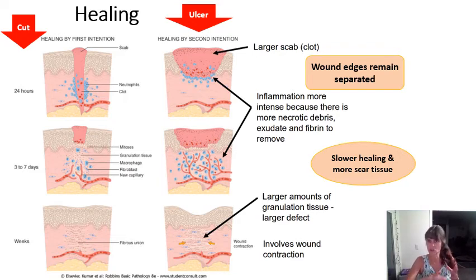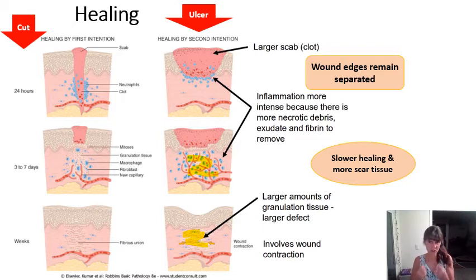So we see swelling and exudate and fibrin working from the bottom to help repair the tissue underneath. So healing by second intention means that it's going to work its way basically from the bottom up. So we see a lot more granulation tissue.